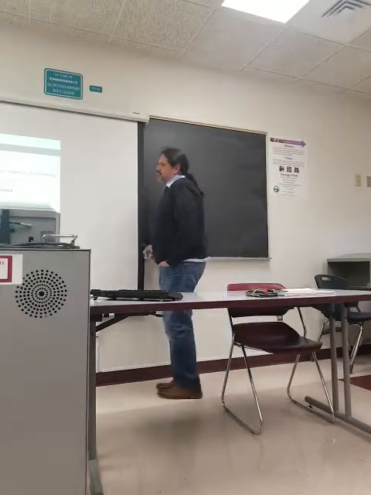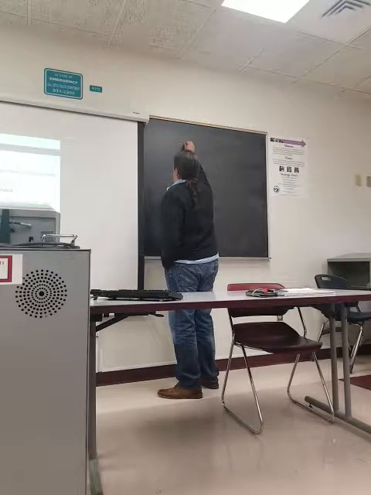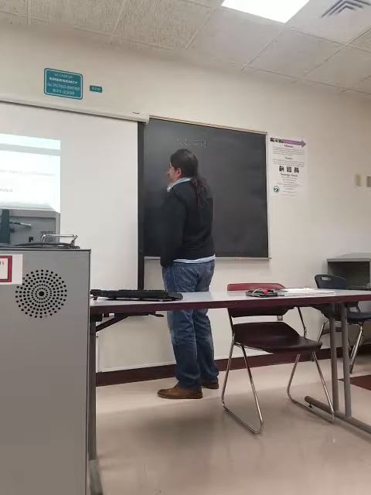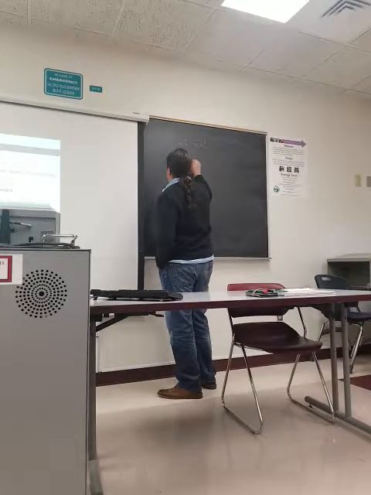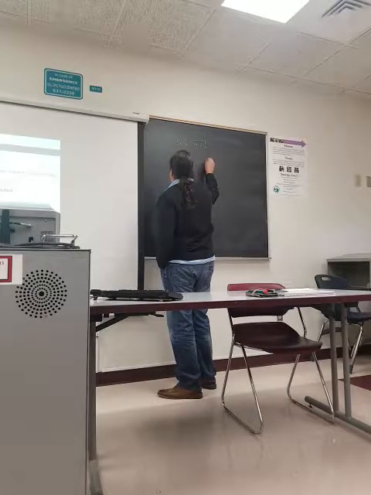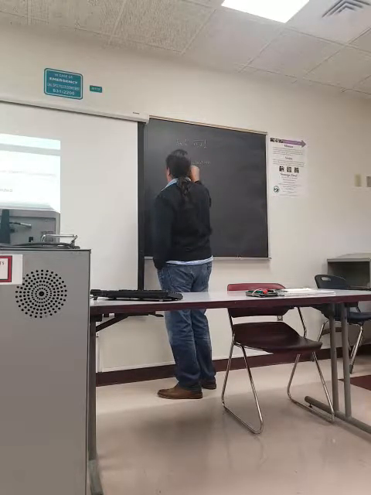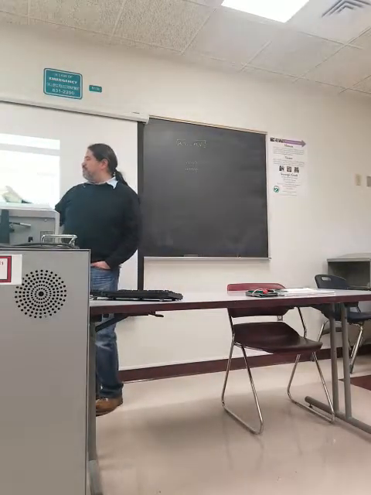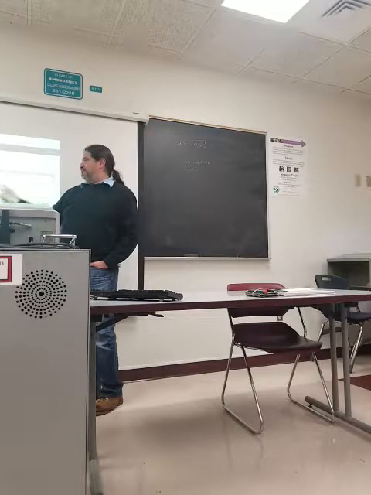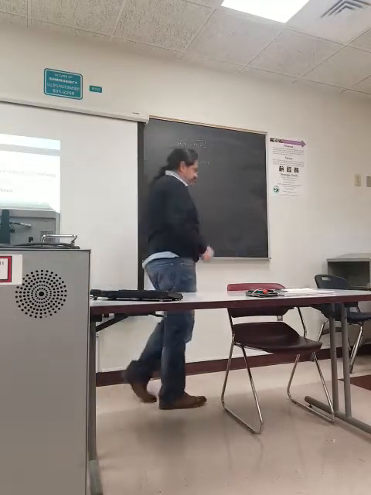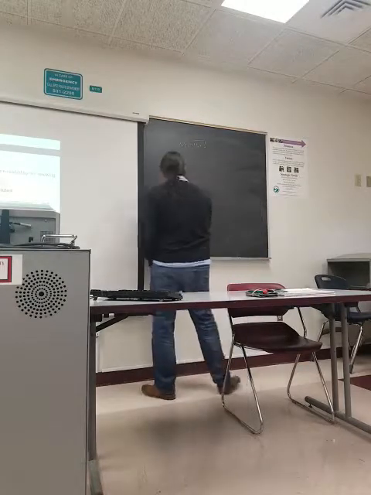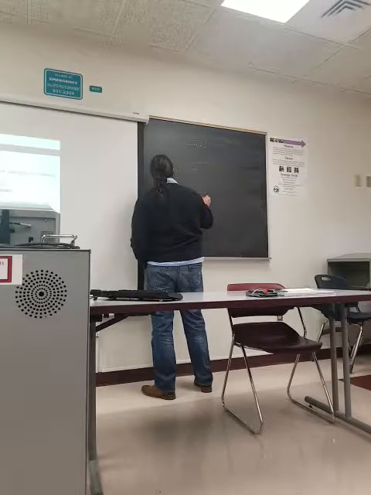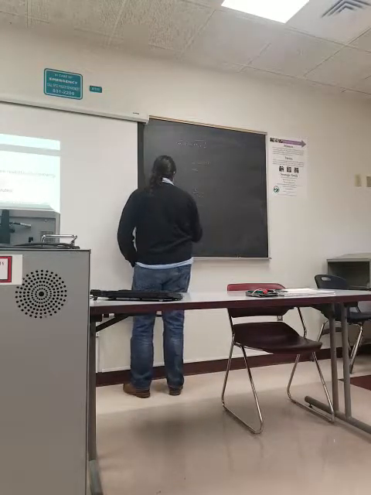Here you see C1, V1, C2, V2. You may see it as M1, V1, M2, V2, doesn't matter, but there's always a set. C is concentration, and V is the volume. So you're always solving for one of these two, either C or V, whichever one you're solving for. You divide by the other component on the other side.